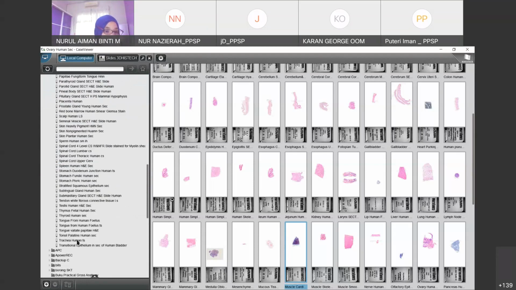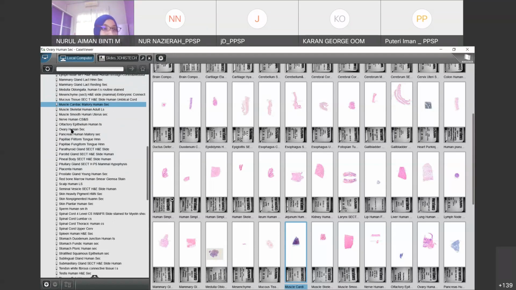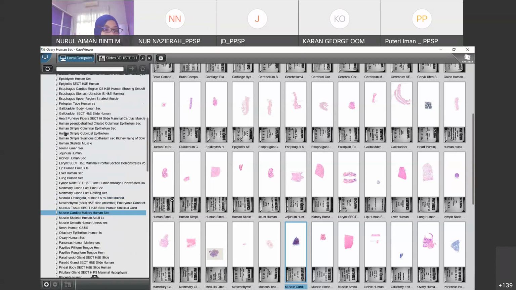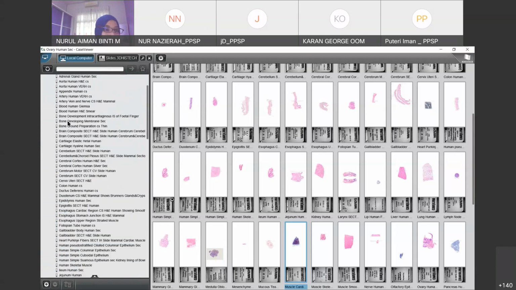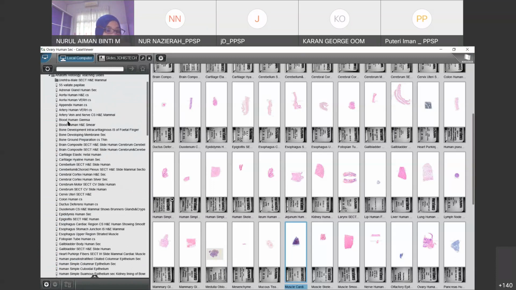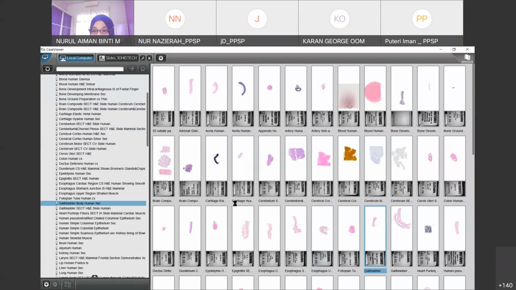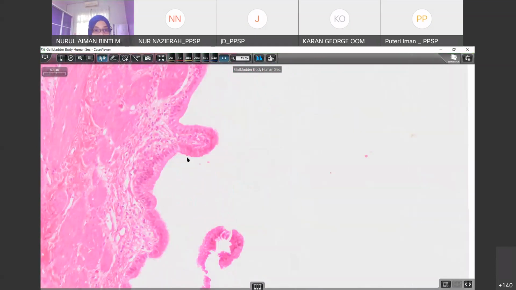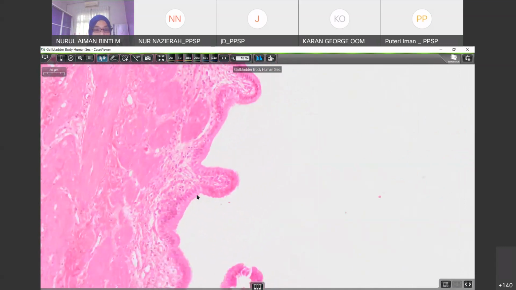No. Ovary, genital, ileum. The ejaculatory duct. Oh yeah, got another structure. Possibly the gallbladder. Wait, is it? Yeah. Okay, this is gallbladder.